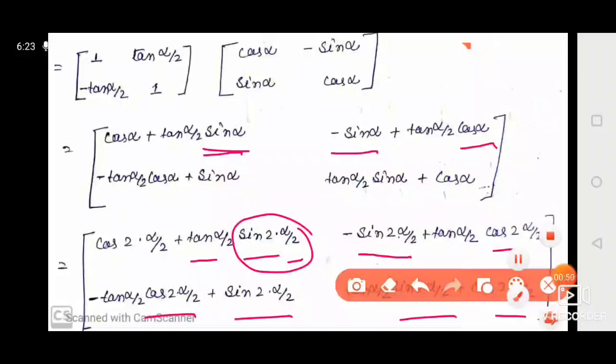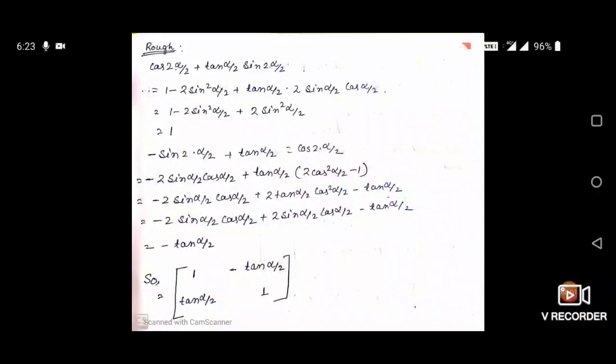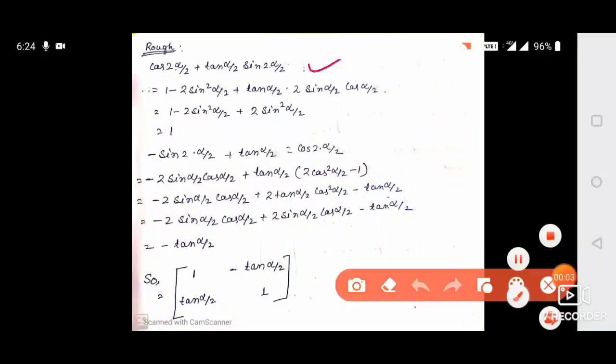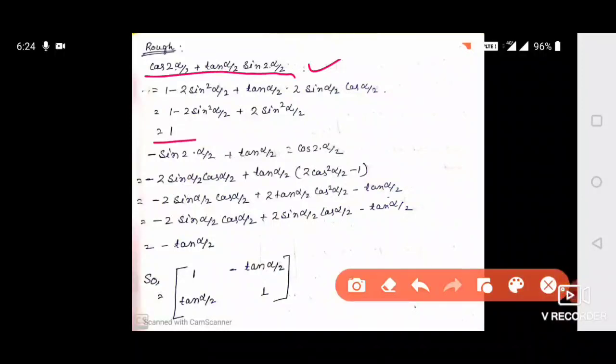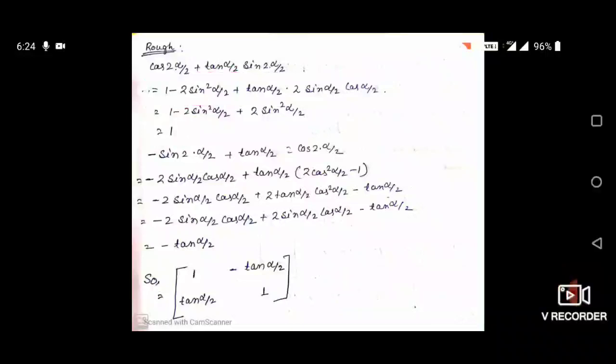So here we have done the rough. So this is the element of first row, first column. Here in place of this we need 1. So for that we used 1 minus 2 sine square alpha by 2 in place of cos 2 alpha by 2. This is the formula of cos 2x, which is 1 minus 2 sine square x.